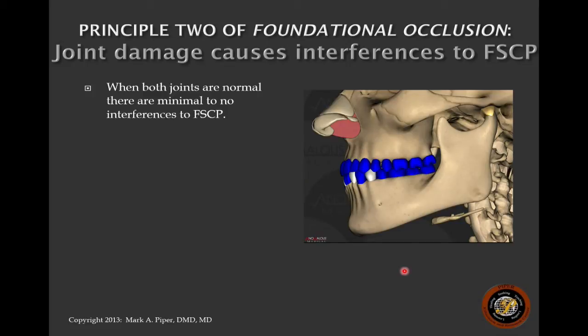So it makes you wonder, in the normal, is a very minimal slide from centric also normal? And it probably is, because the teeth will also dictate how high the condyle is going to go. If the teeth are apart, the condyle can go all the way up to fully seated centric relation.